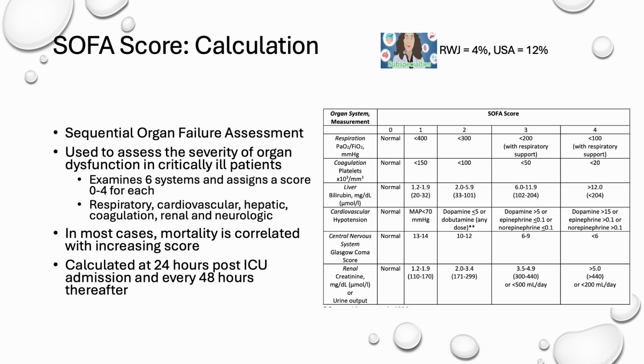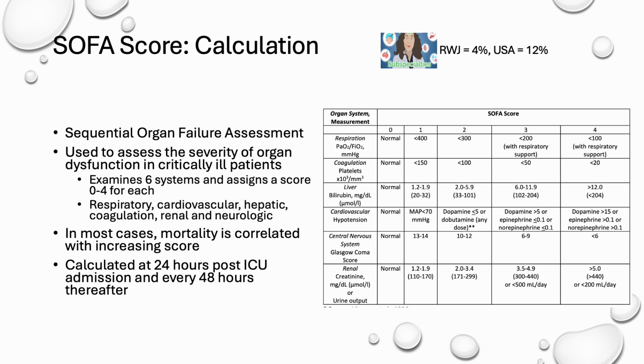So in most cases, mortality is correlated with an increasing score, and the score is calculated at two different times. The first time is 24 hours after admission to the ICU, and then every 48 hours thereafter. Now, as you'll see here, each one of the systems has a value from 0 being normal to 4 being most abnormal, with a maximum score of 24.